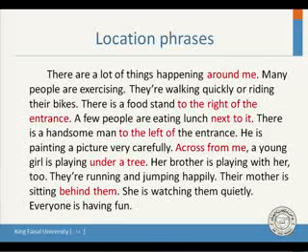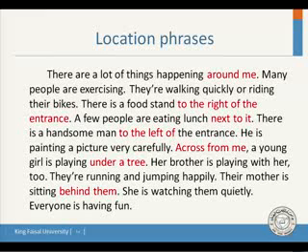To the right of the entrance. Next to it, next to somebody, beside something or somebody. To the left of, this is my left, to the left of the entrance, to the left of the door, the gate.